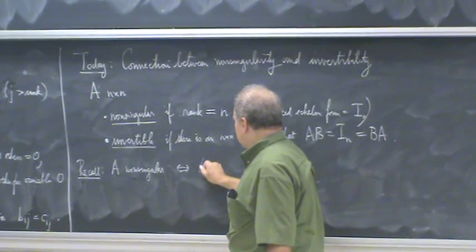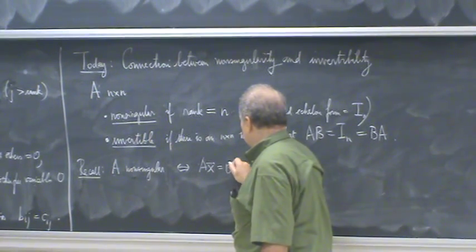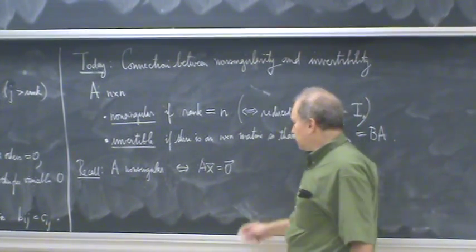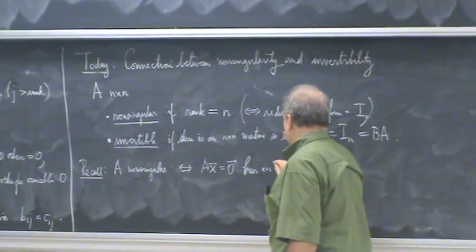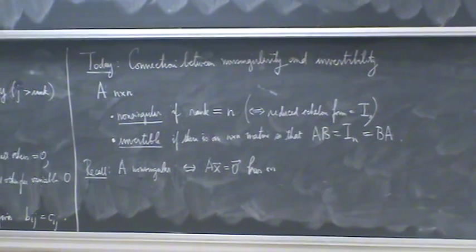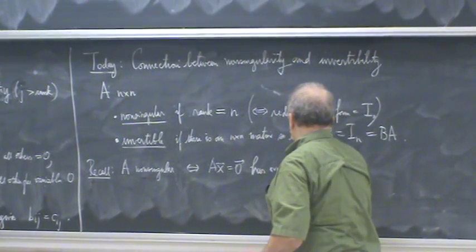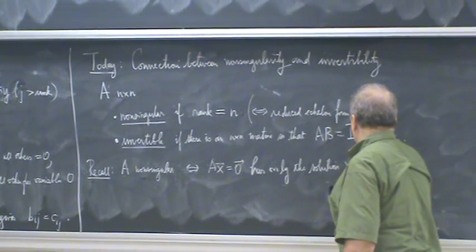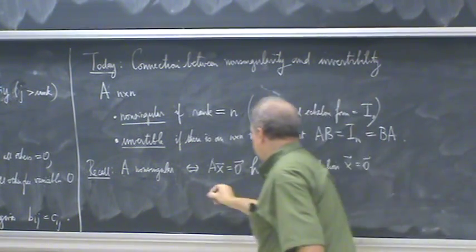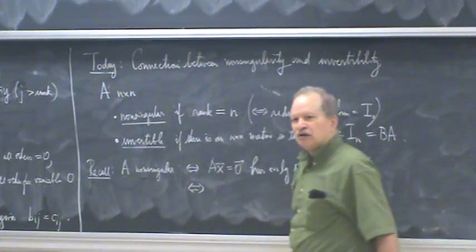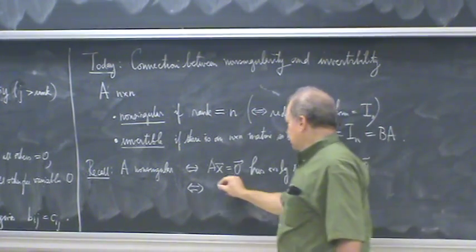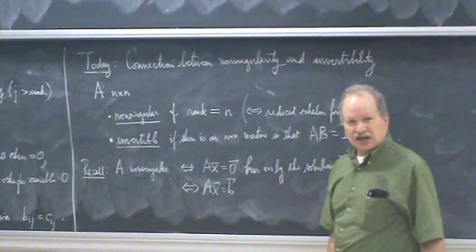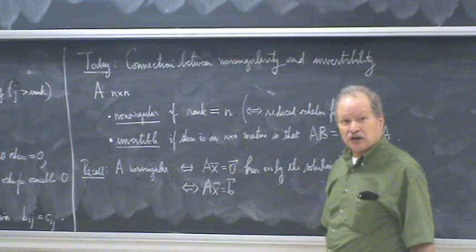One is that the homogeneous equation AX equals 0 has only the trivial solution. And what's also an equivalent way of saying it, if you take the inhomogeneous equation AX equals B, it has a unique solution for every B.